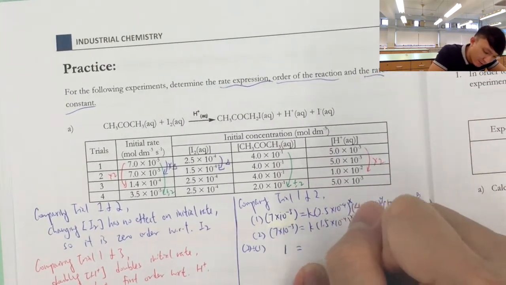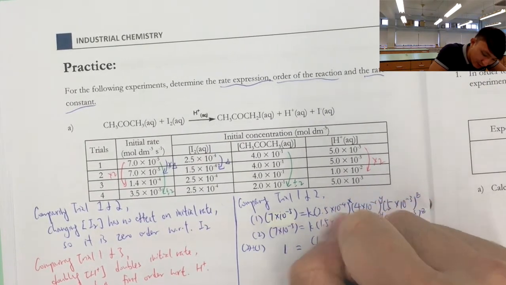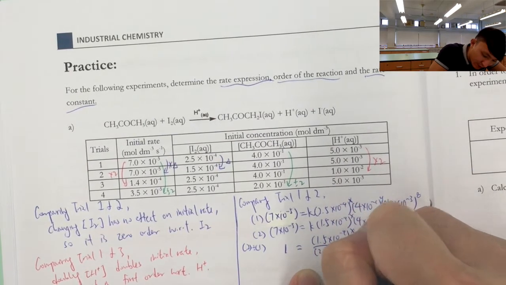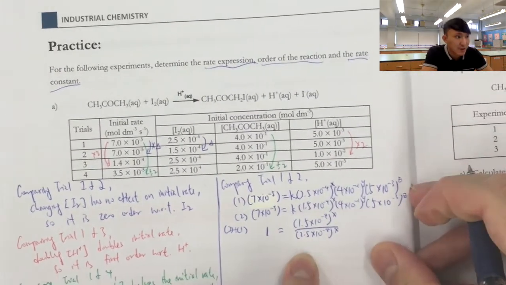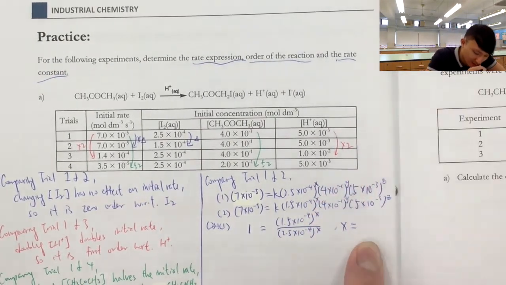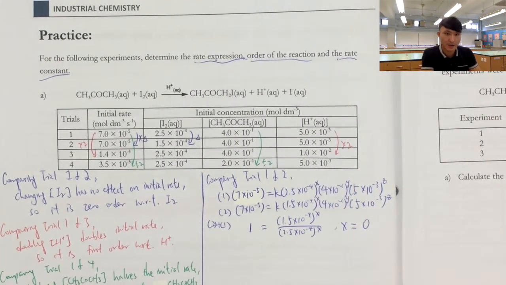So here we will have 1.5 times 10 to the power negative 4 to the x over 2.5 times 10 to the power negative 4 to the x. Okay, now this one, x must be 0. Okay, x must be 0. It can't be any other numbers.